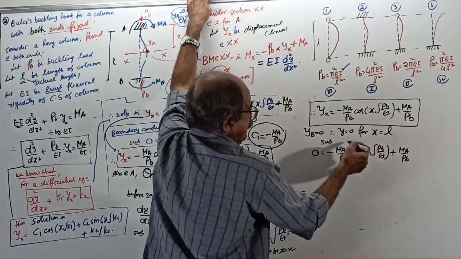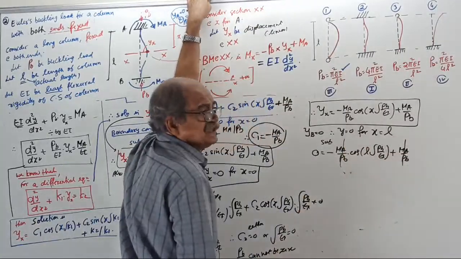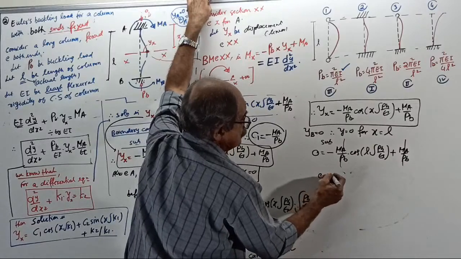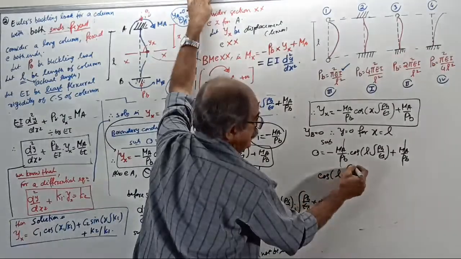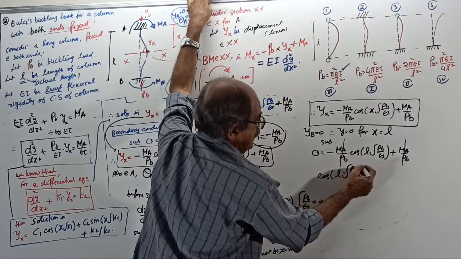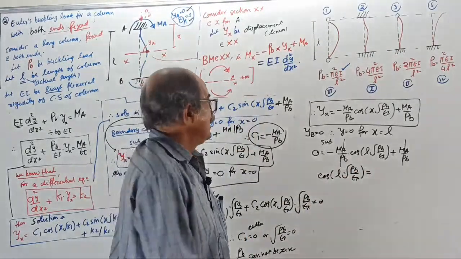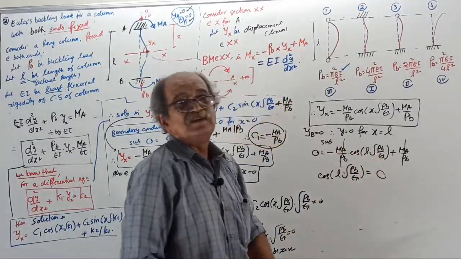Now, MA by PB will cancel, take the other side. You get cos of L root PB by EI equal to, usually when I take an academic class, I will write 0 here and go further.